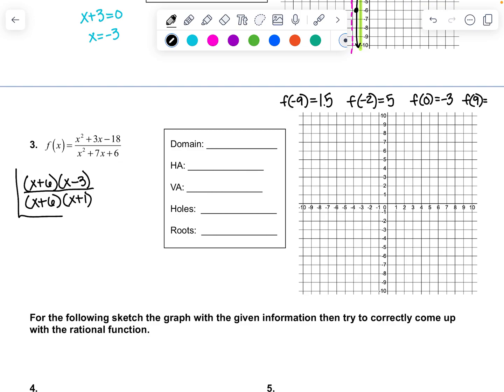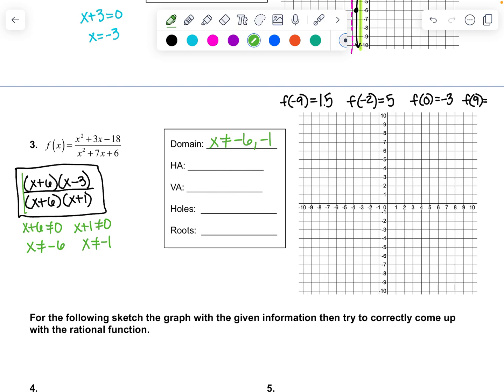So with my factored function, I'm going to use what I know here to find my domain restrictions. Denominator not equal to 0. I have my two domain restrictions, not negative 6 and not negative 1.